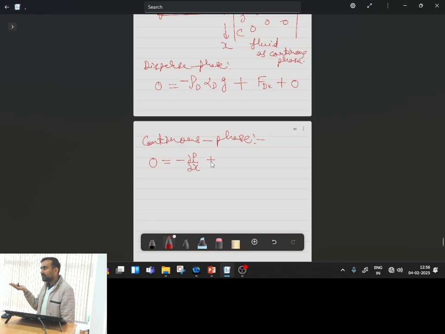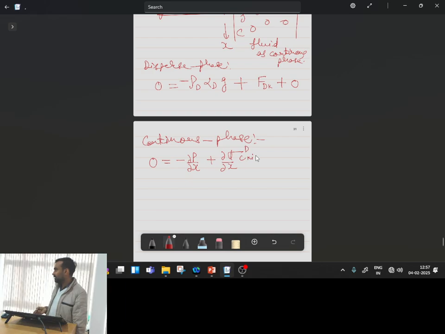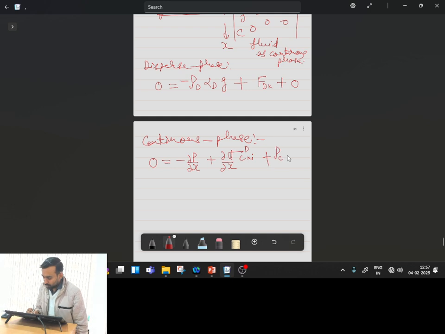And what else? Deviatoric stress tensor, del by del X of sigma C, k i, plus what else? So these are all surface forces. Then body force. What will be the body force? Rho C alpha C into g.